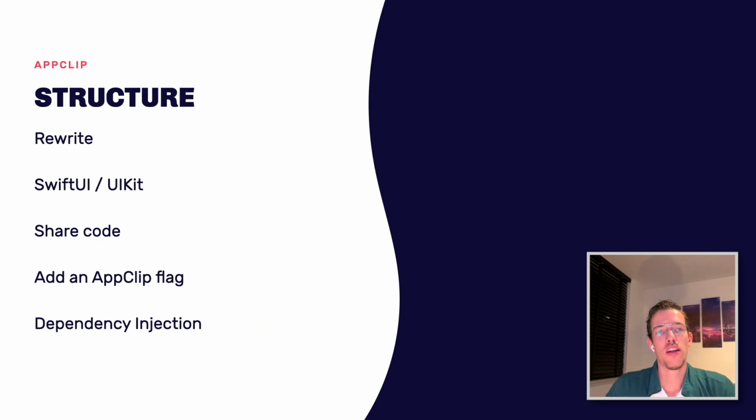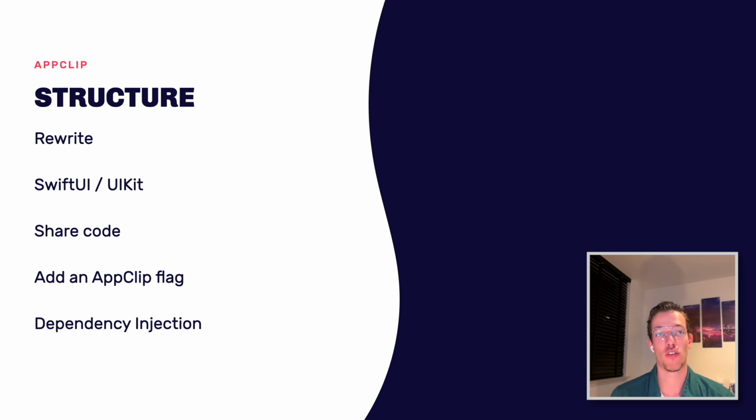So how do we start? Well, first we're going to see, are we going to rewrite our stuff now because we'll have to migrate our flows? Are we just going to completely copy everything and make it SwiftUI, or are we going to reuse the same UI that we already have? Which makes more sense, because every change that we do in the main app should also reflect in the AppClip. And if we do share code, how much can we share?